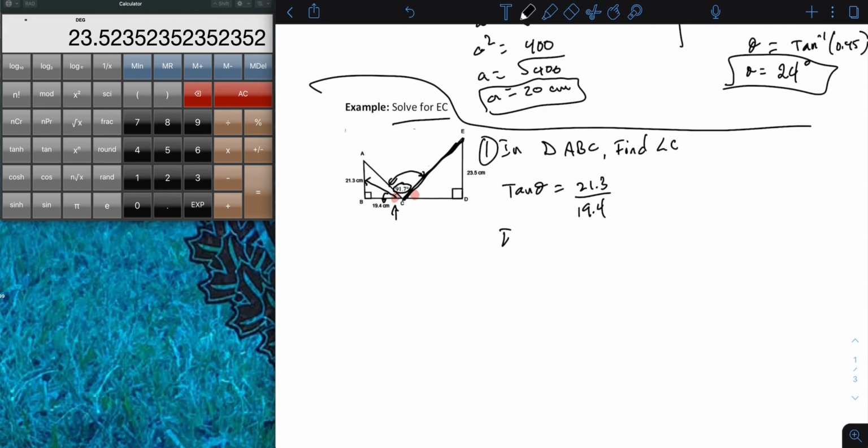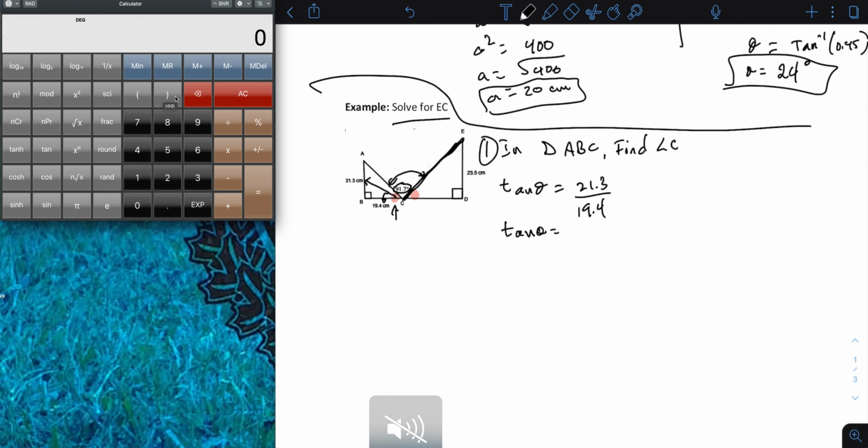I don't know why I've started doing this, but I normally use the lowercase t for tan. Then I can go to my calculator and get a decimal number for this. 21.3 divided by 19.4. So tan of theta is 1.098.